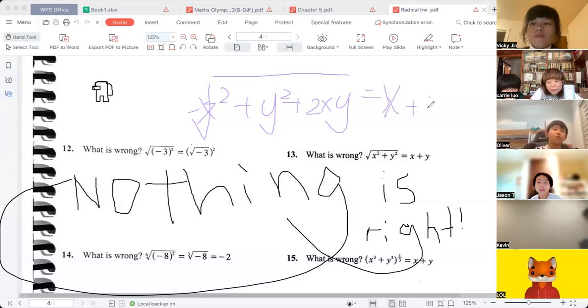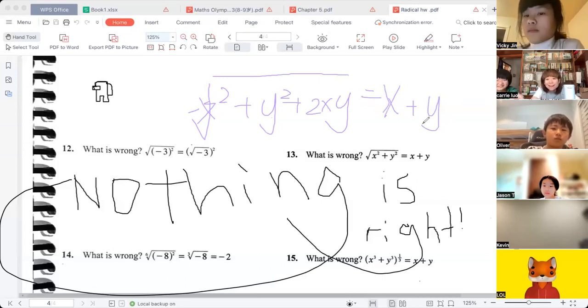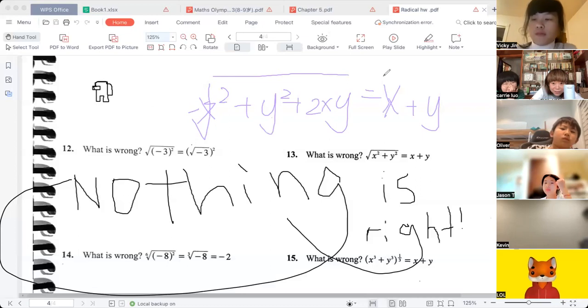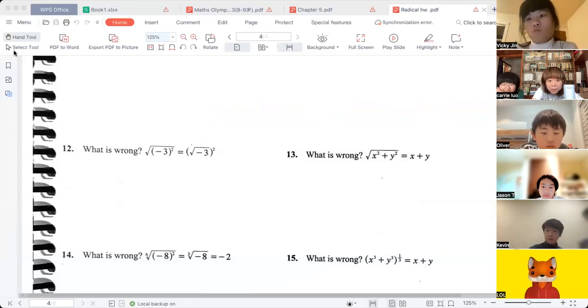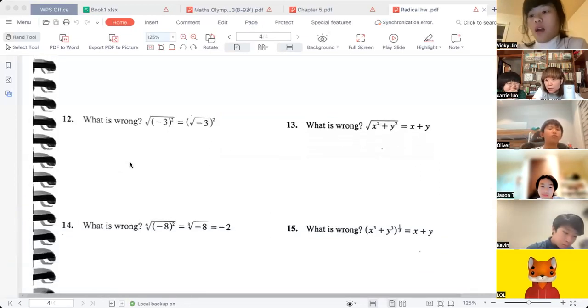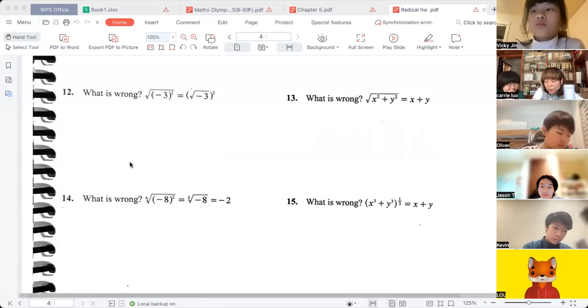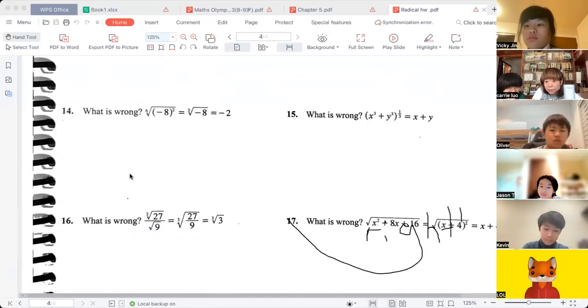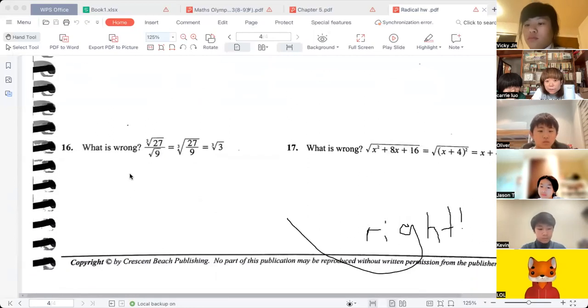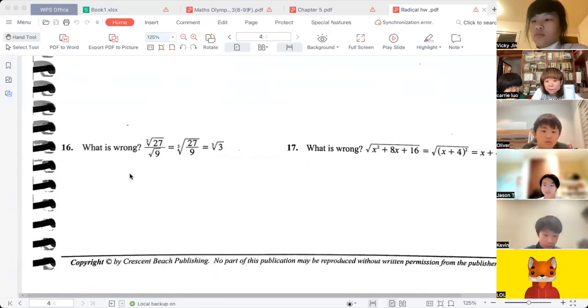She is right. Is that enough? Absolute value. Yes, absolute value, good job everybody. Without the absolute value it doesn't work. Or I can say x plus y is bigger than or equal to 0.